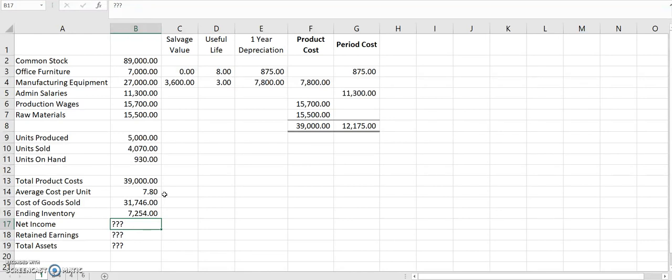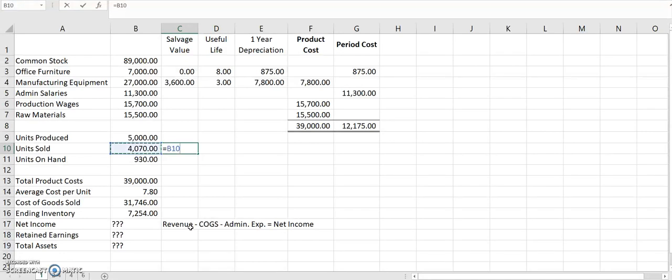Okay, our net income. Well, here we need our revenue minus our cost of goods sold minus our admin expenses. It's going to equal our net income. So our revenue, let's see here, we know how many units we sold. We'll have to go back to the problem, and it tells us that we sold those for $15 each.